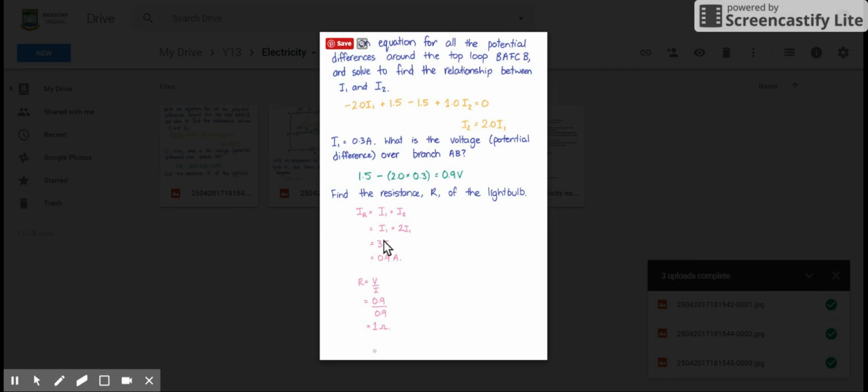We know that if I1 equals 0.3, I2 must equal twice as much. And so it works out that the current is 0.9 overall. And then we use Ohm's law, R equals V over I, and it works out that that resistance must be 1 ohm. That lamp must have a resistance of 1 ohm.